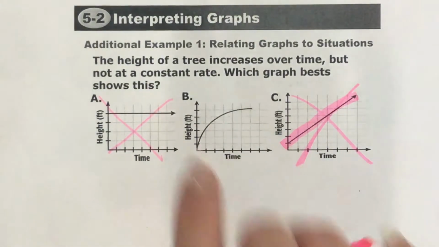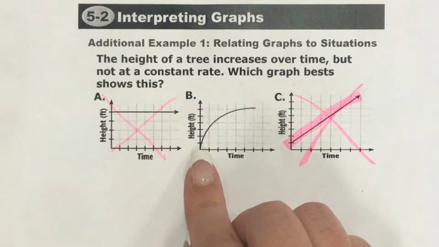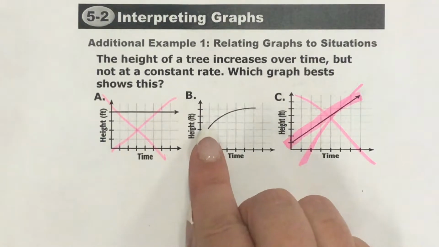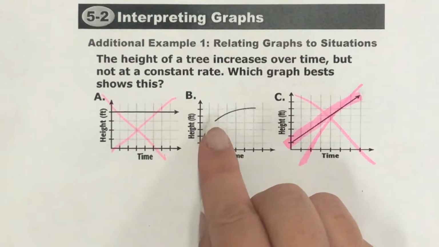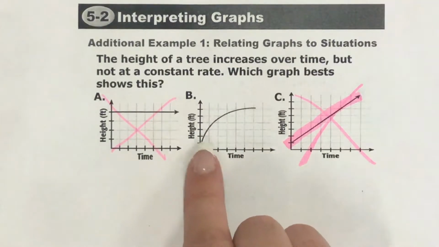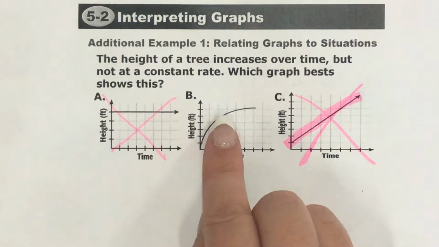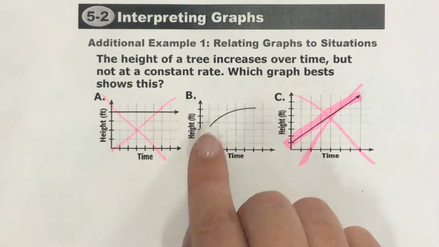Here, when we look at this one, B, we see that time is at 0, the height is at 0, the tree is growing pretty rapidly, but it's not at a constant rate. It's fast here over time, you see, and then as time increases, the height of the tree doesn't grow as fast as it initially did here.